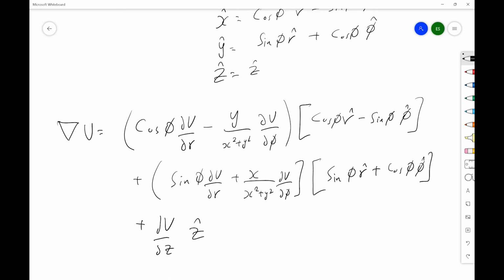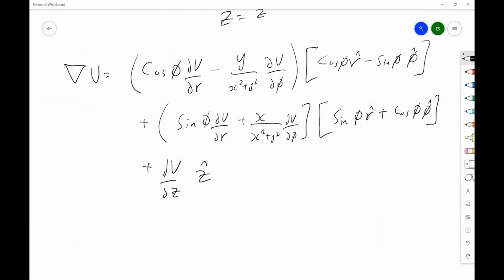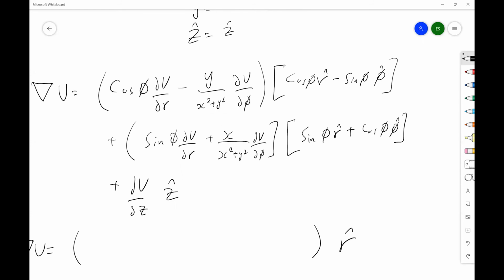In the spirit of doing this exercise once in your life, let's do it. Let's multiply all this algebra together, and we'll find it simplifies nicely into the form of the gradient in cylindrical coordinates. So let's see. Let me first write everything that has to do with the r hat vector components. So where does that come from? So I have cosine phi r hat, and then cosine phi here.